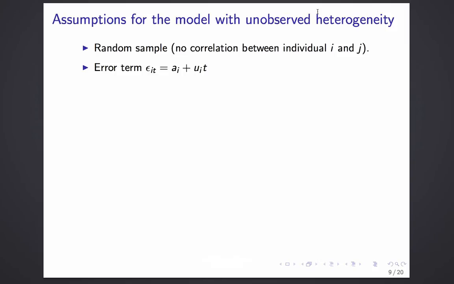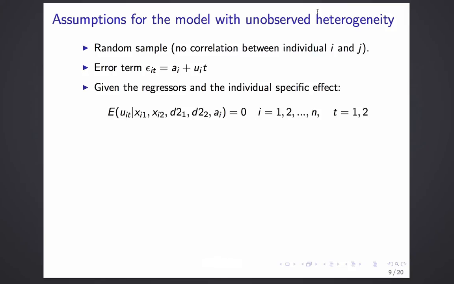Now, the second assumption I want to highlight is this assumption regarding the combined error term. Remember, a critical assumption regarding the panel data regression model is that we think of the error term as consisting of two parts: the unobserved individual specific effect, ai, and then the idiosyncratic error term, uit.